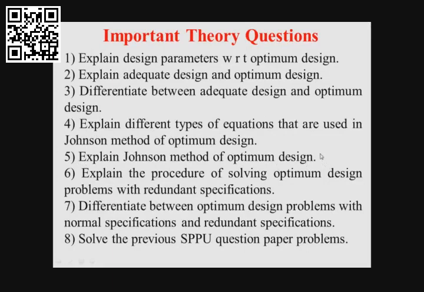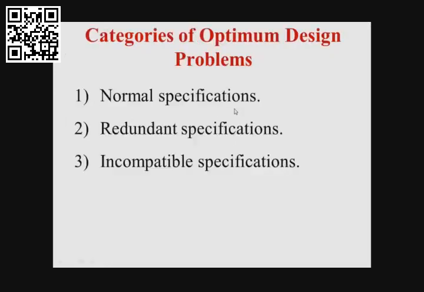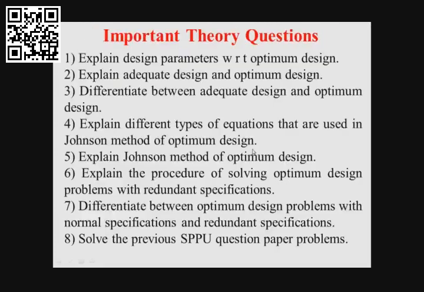limiting equations. Okay. Next is, explain Johnson method of optimum design. Here you need to explain any one method, that is Johnson method for normal specifications and Johnson method for redundant specifications. For both you need to explain how to use this method to solve optimum design problems.